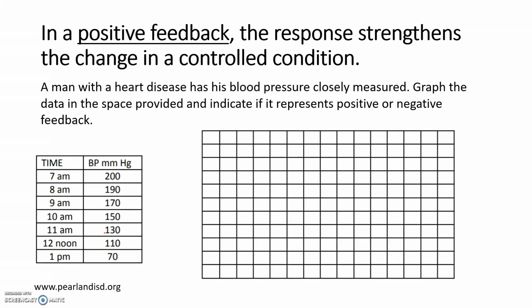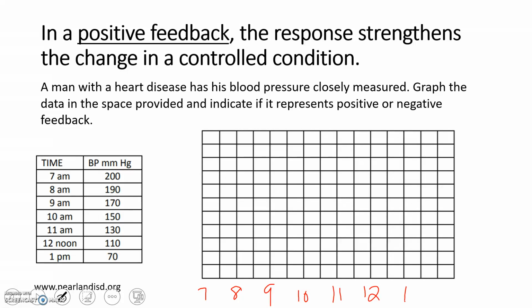So we're going to go by intervals of 2. So we're going to start with 7, 8, 9, 10, 11, 12, and 1. And we're gonna go by intervals of, I don't know, what should we go by? Let's go with intervals of 30.